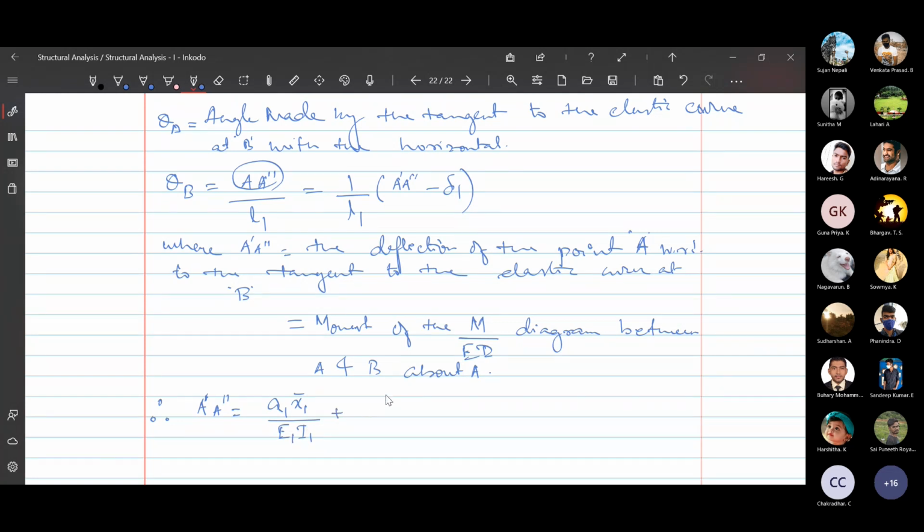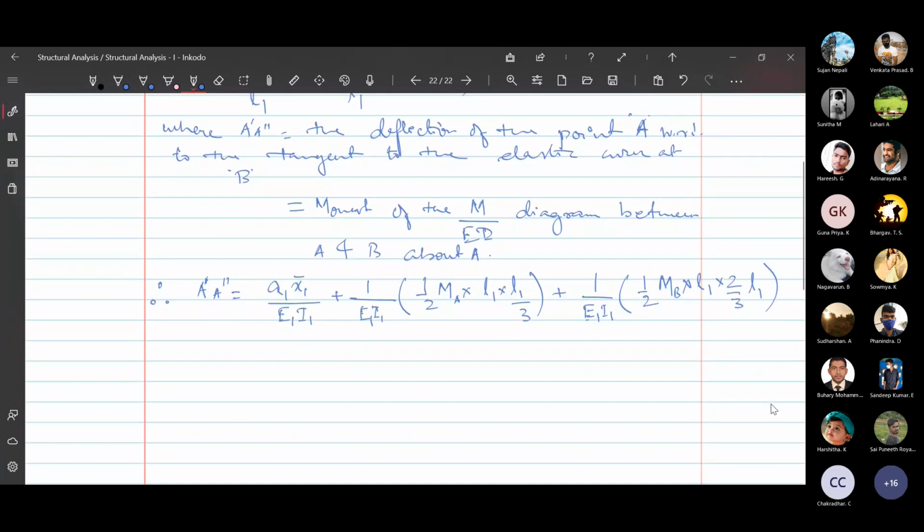plus 1 by E1 I1 into half of MA into L1 into L1 by 3 plus 1 by E1 I1 into half of MB into L1 into 2 by 3 L1.